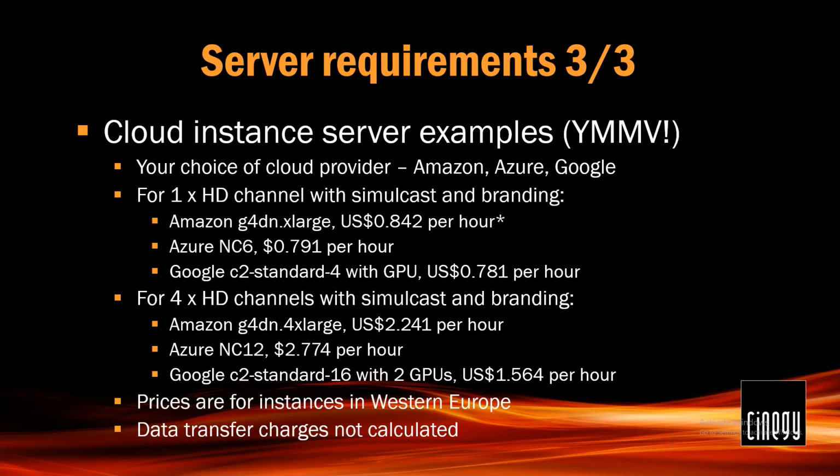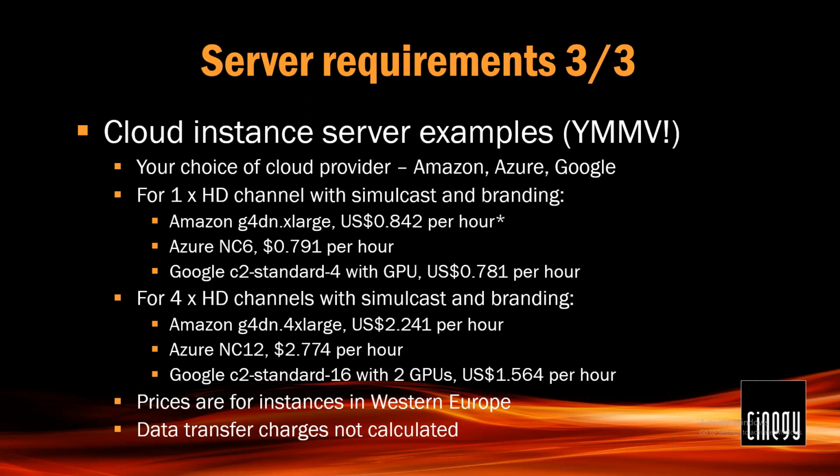If you take an Amazon G4DN X large, that is an 84 US dollar cents per hour machine. The rough equivalent is the NC6 from Microsoft. This has 6 cores where the G4DN has 4, but since our main thrust is offload, that's not really any kind of a big deal, slightly cheaper. Interestingly then, Google also with GPU, you're seeing that the pricing here is roughly aligned.